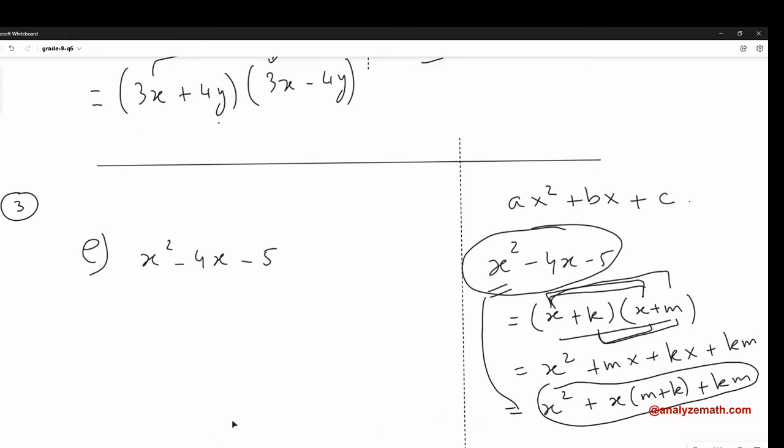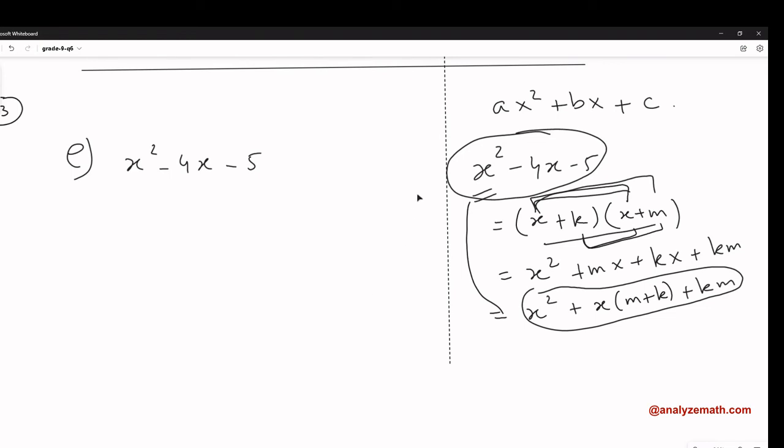Now when we compare them, we have the x², same coefficient, so there is no problem here. However, let's look at the coefficient of x here. It's −4. Here it's m + k. Let's look at the constant term, −5.